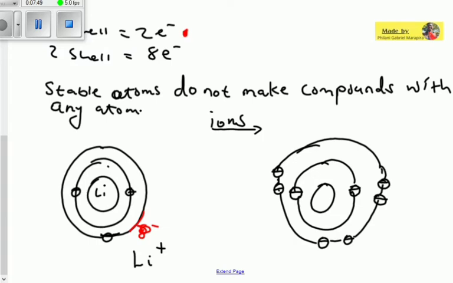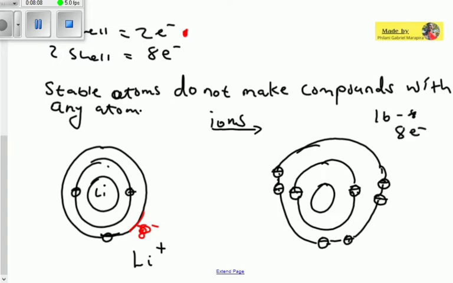You can see I've got 1, 2, 3, 4, 5, 6, 7, 8 electrons. Reason being, the mass of oxygen is 16 and the atomic number is 8. Therefore, the number of electrons is the atomic number, which is equal to 8 electrons.